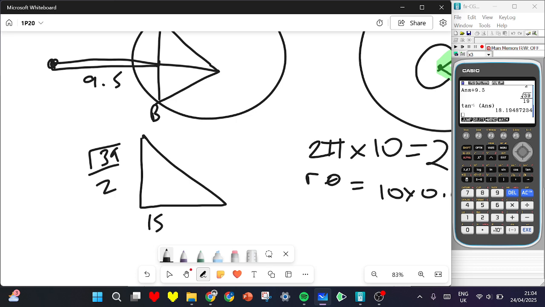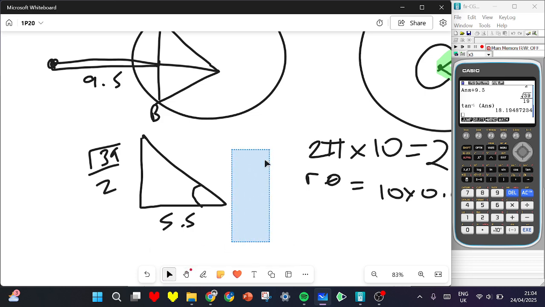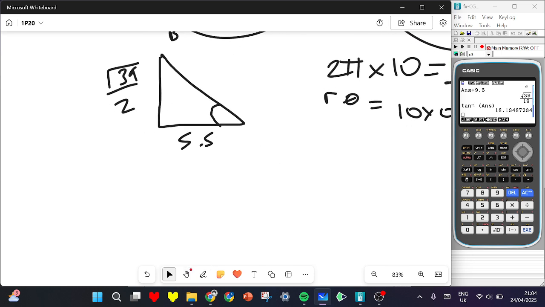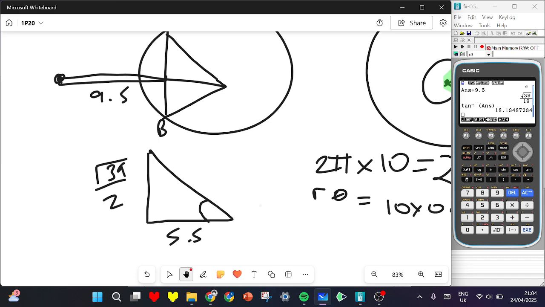So this vector is going to be 15 minus 9.5, which is 5.5. And then we can find this angle in the same way as part A. Sorry, not that angle, only this whole angle, by finding this one and then doubling it.